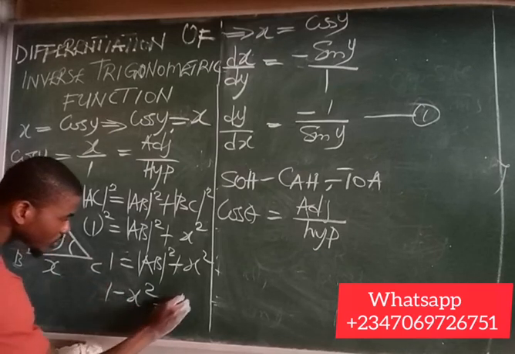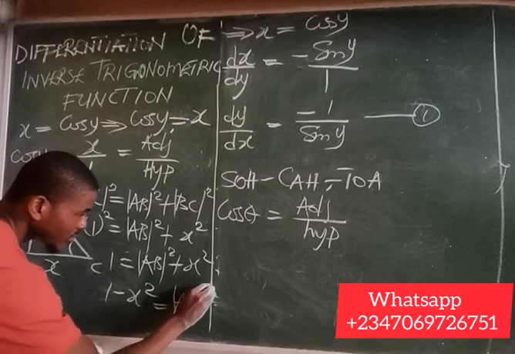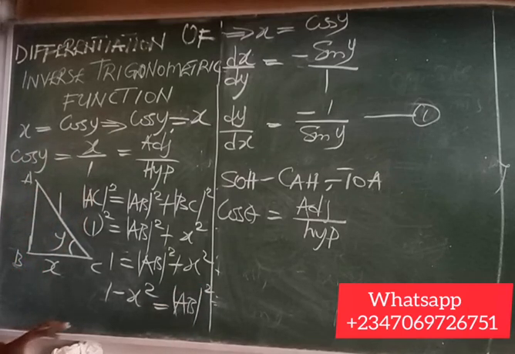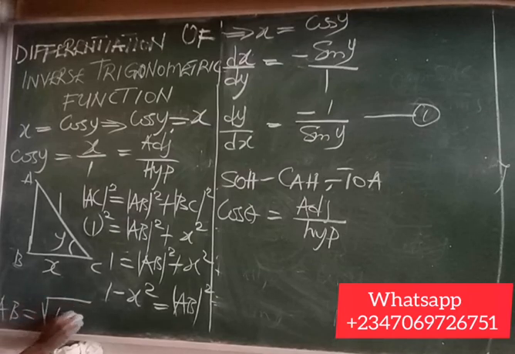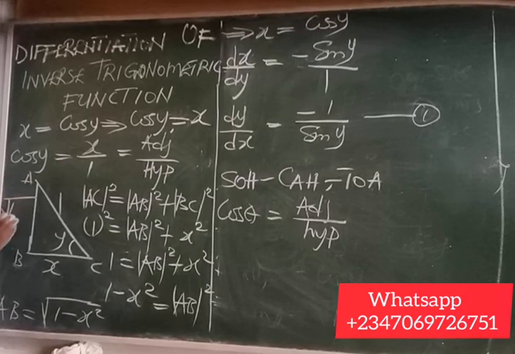And that's simply equal to AB all squared. So which means I can make AB subject by simply what? Taking square root of 1 minus x squared, because AB here is squared. And that will simply give me that AB is simply the square root of 1 minus x squared. Okay, so which means this opposite arm now is simply root 1 minus x squared. So I have this, okay?